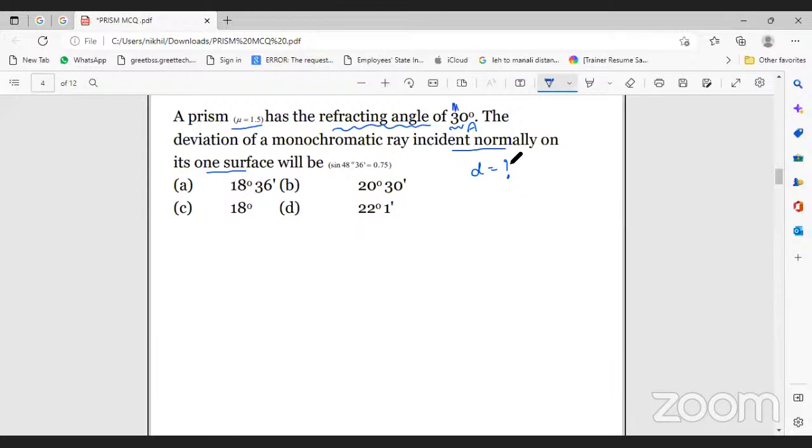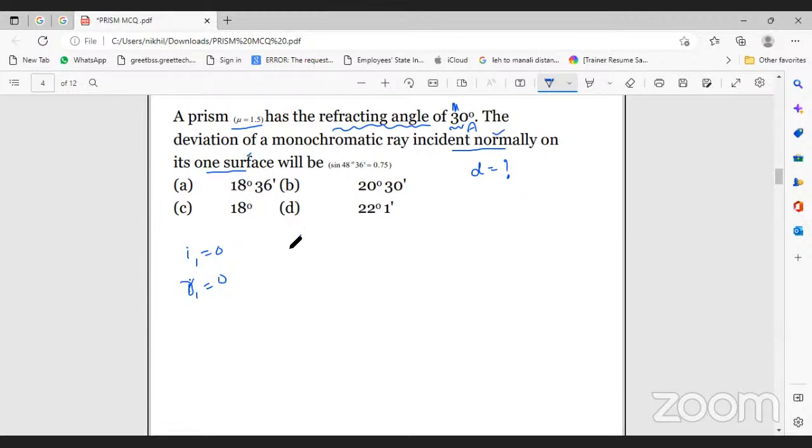Normally means the angle of incidence is 0. So I1 is 0 and R1 must be 0. Why are I1 and R1 zero? Because it is incident normally on one surface.